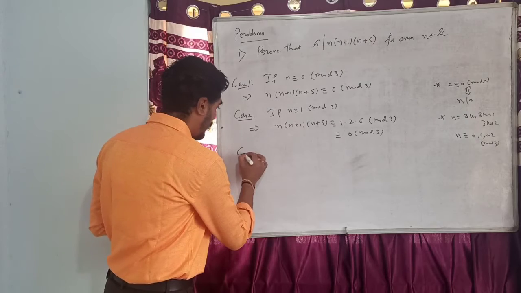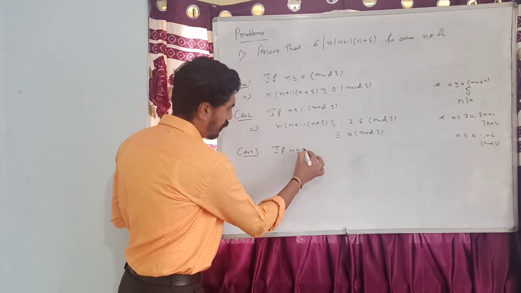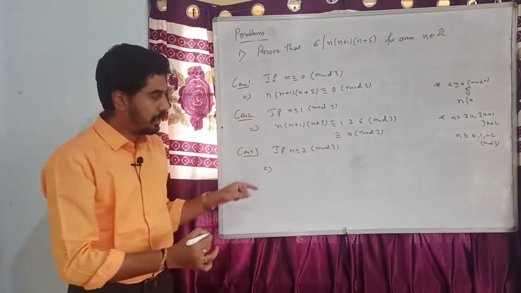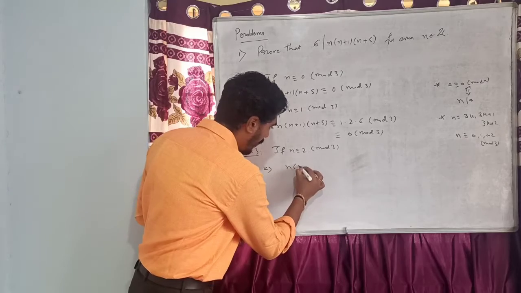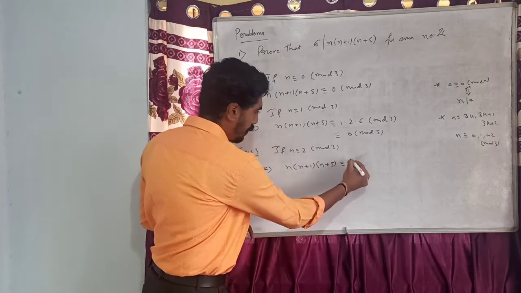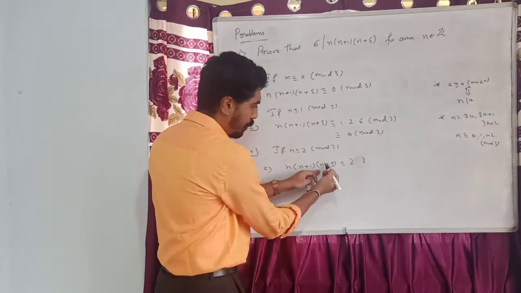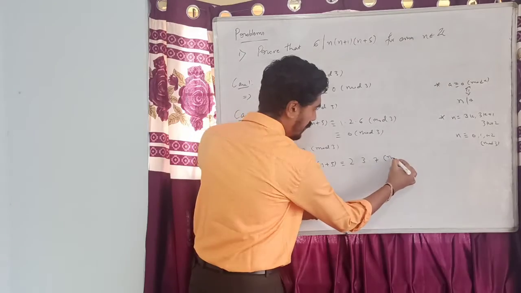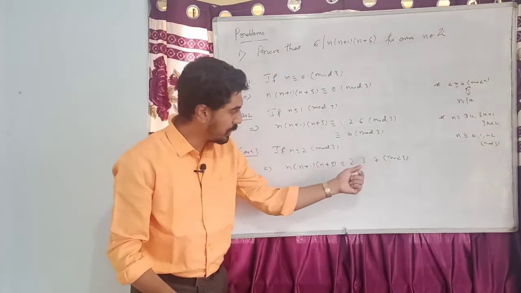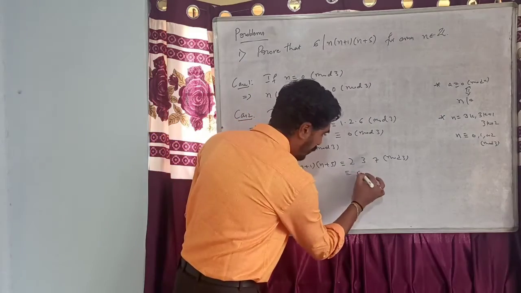If n is congruent to 2 modulo 3, in this case the product n(n+1)(n+5) is congruent to 2 into (2+1) is 3 into (2+5) is 7 modulo 3, which is congruent to 0 modulo 3. Here we have 3 which is 0 modulo 3, therefore we get this is congruent to 0 modulo 3.